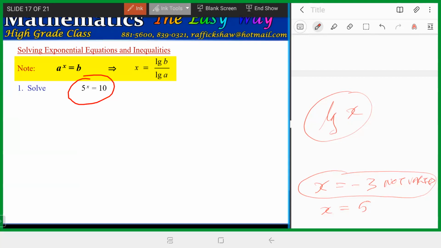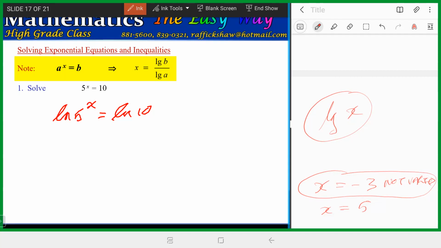So if I'm working it for pure maths, I'm taking logs of both sides. I'm going to do ln 5 to the x equals ln 10. Because if 5 to the x equals 10, then the log of 5 to the x must equal the log of 10, the same base. This is pure maths work, ln. ln means log to base e.